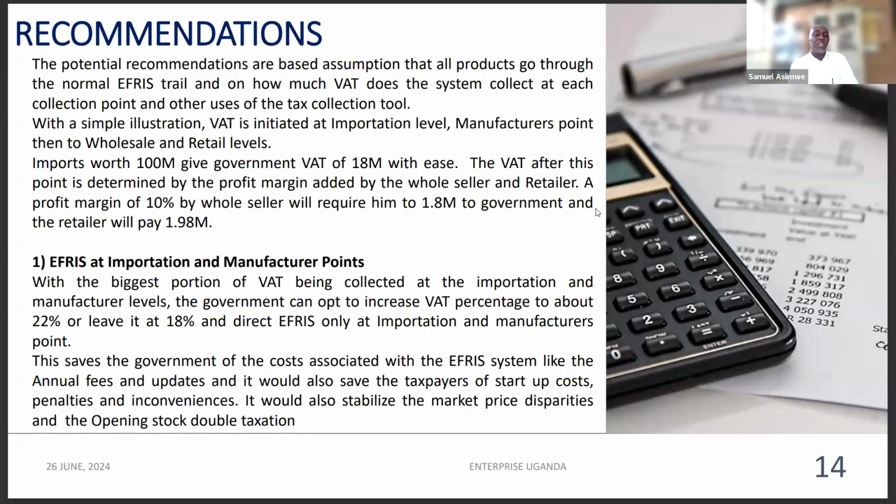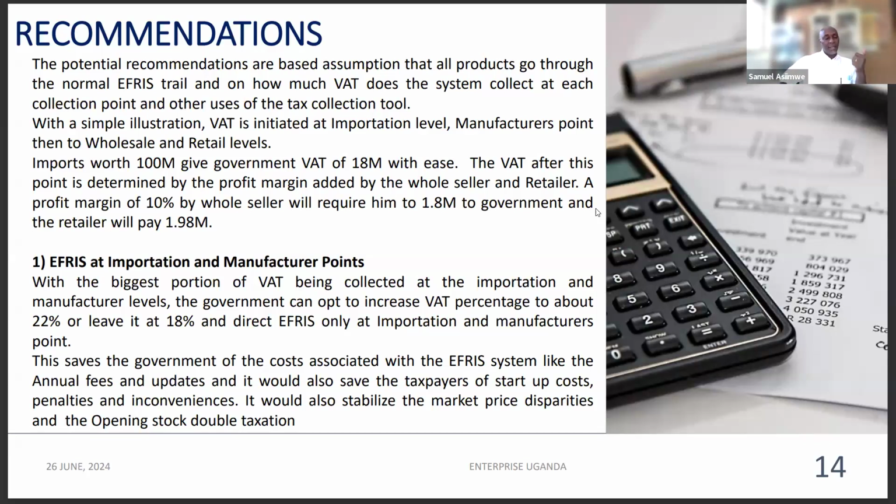So the government can opt to increase the percentage to about 22%, or it can leave it at 18% and direct this EFRIS software or system only at the importation level or manufacturer's point, because that is where it gets the biggest portion of money, the 18 million. However, of course, increasing the rate also comes with complications of the increase in prices.